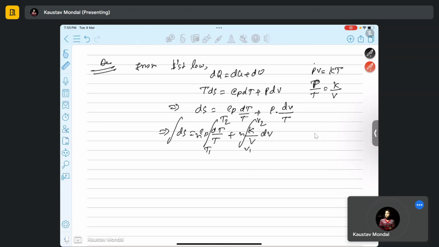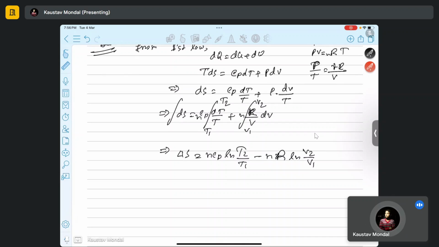So delta S should simply become n Cp ln T2 by T1 minus n, oh sorry, this should be R. So PV equal to nRT, right? So this should be nR. So nR ln V2 by V1.